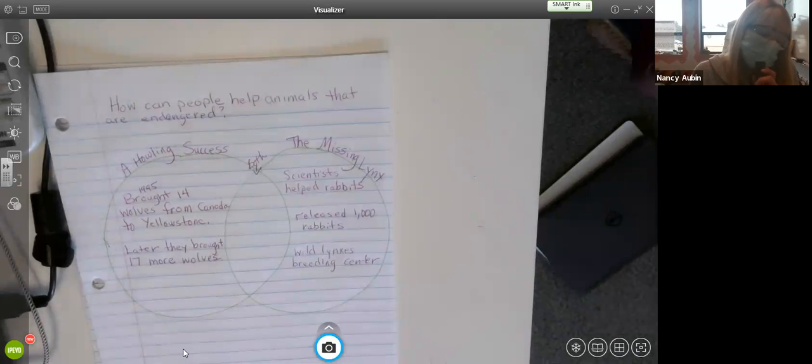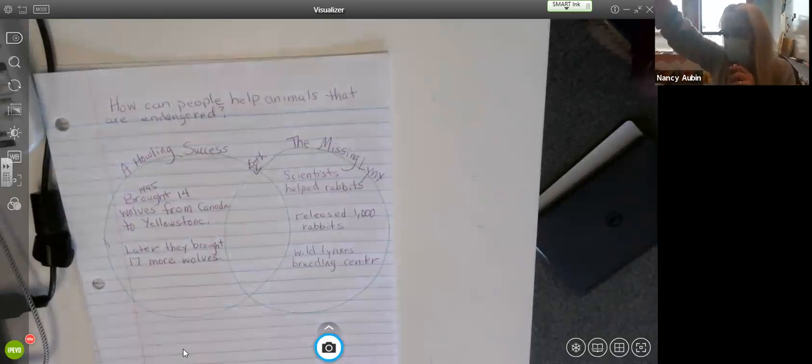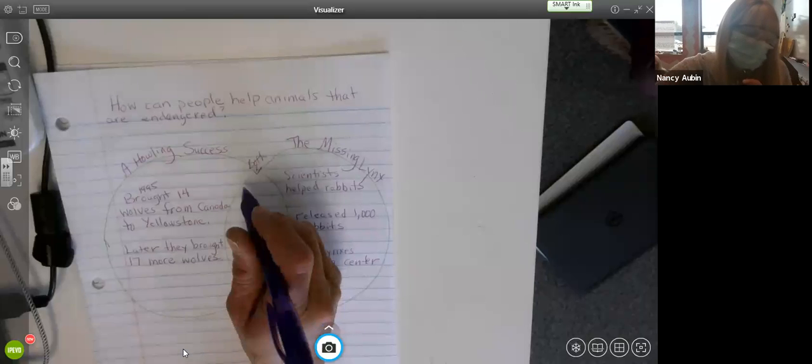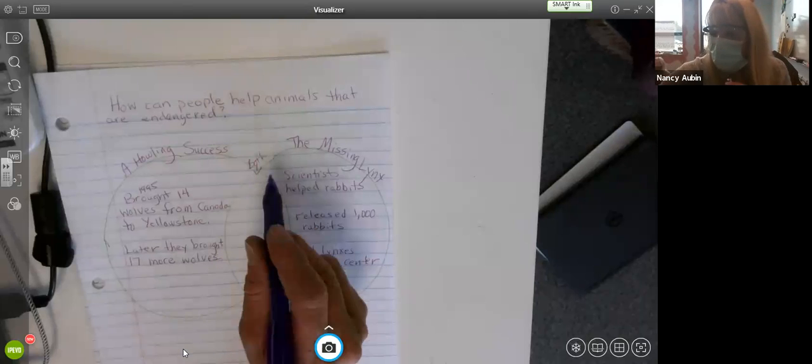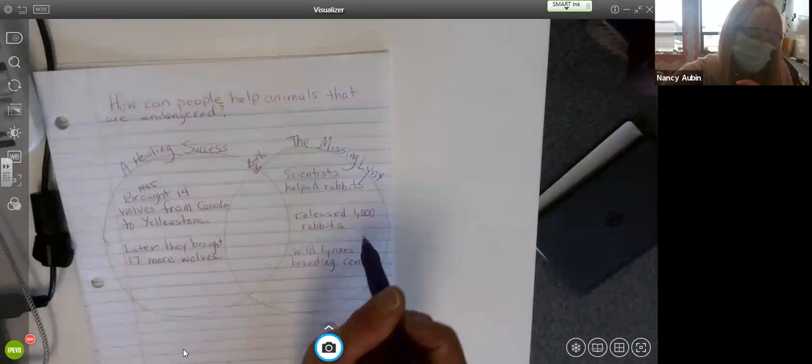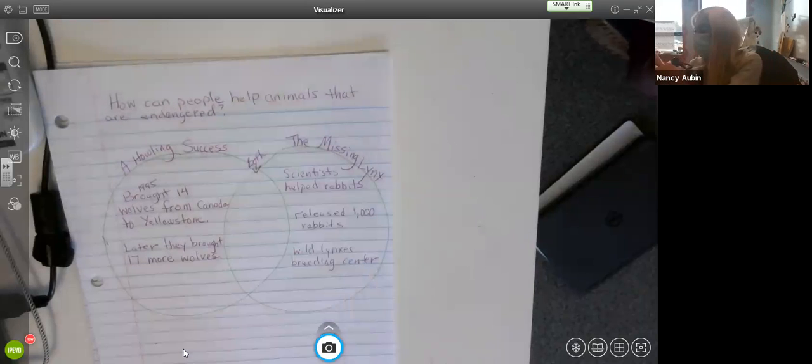So both the gray wolves and the Iberian lynx have had their population do what? Grow. Is that a similarity? Yeah, right? In both of these stories, what did scientists do? Help the endangered species. Yeah, they had to capture them and do what to get them to grow? Put them into this new area, right?